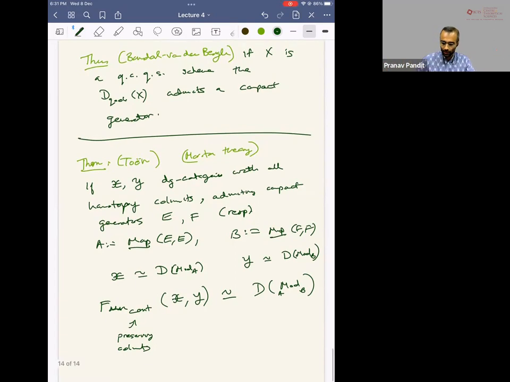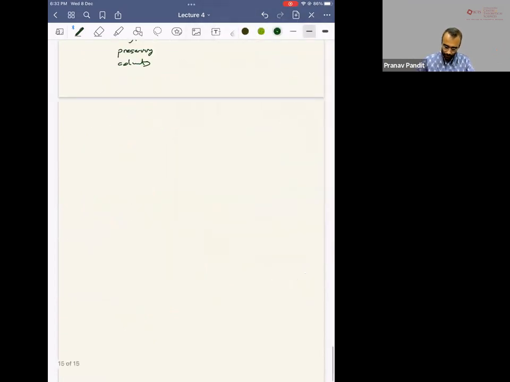So in particular, if you want to understand functors between schemes, in particular continuous functors from D quasi-coherent of X to D quasi-coherent of Y, X and Y schemes, let's say nice schemes, quasi-compact, quasi-separated, whatever.